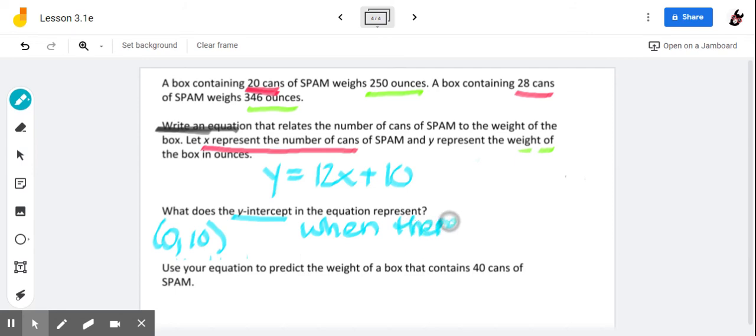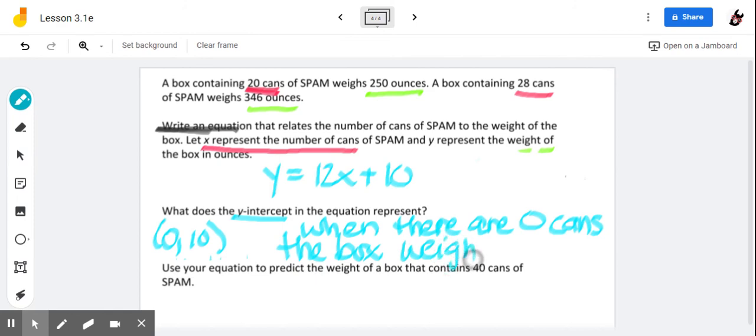So when there are 0 cans, the box weighs 10 ounces. Now you could have also just said it's the weight of the box with no cans, but I was just showing you what it means in terms of the ordered pair.